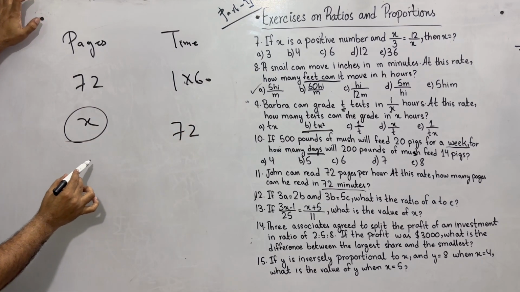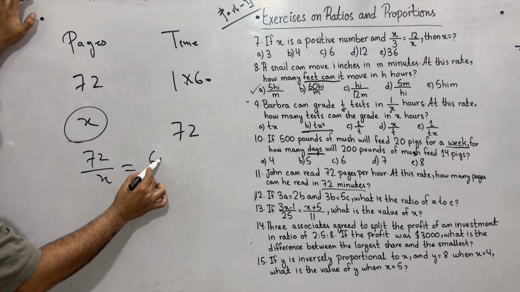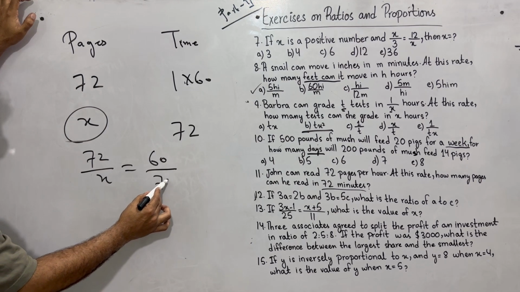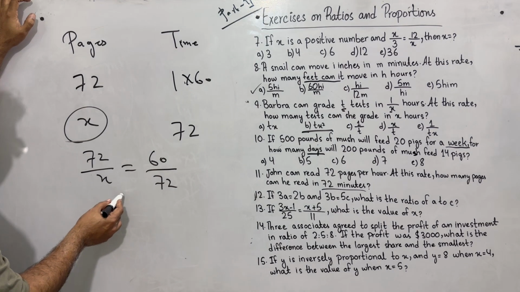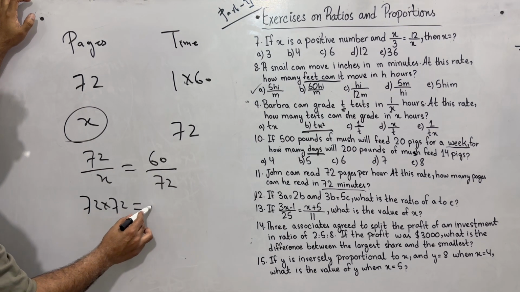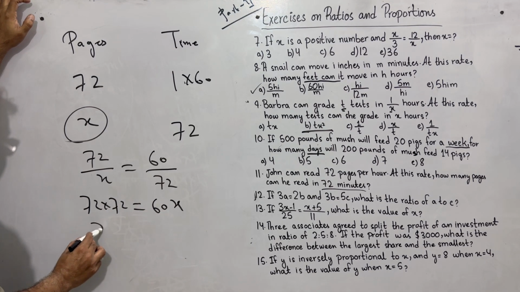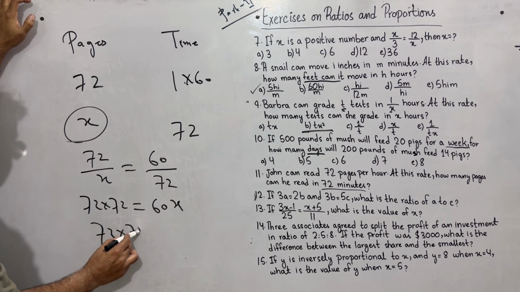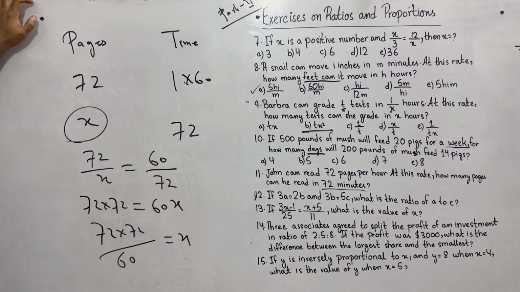1 times 60. So I have 72 over x is equal to 60 over 72. Solve for x, cross multiply. 72 times 72 is equal to 60 times x. Shift 60 here. 72 times 72 divided by 60 is equal to x.